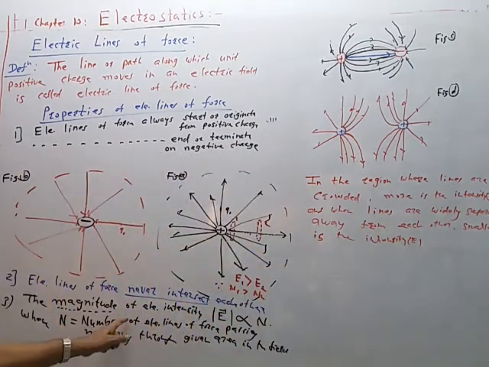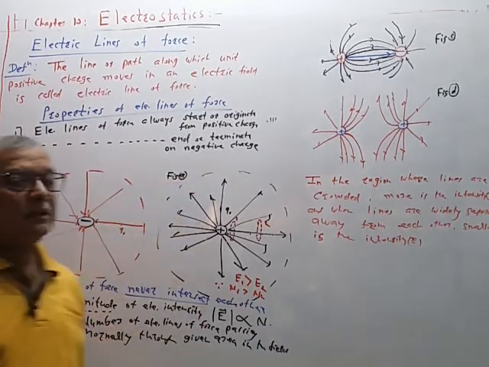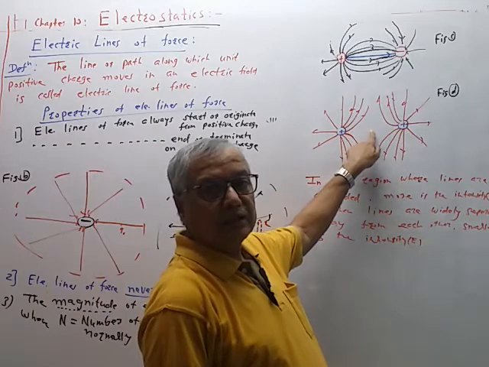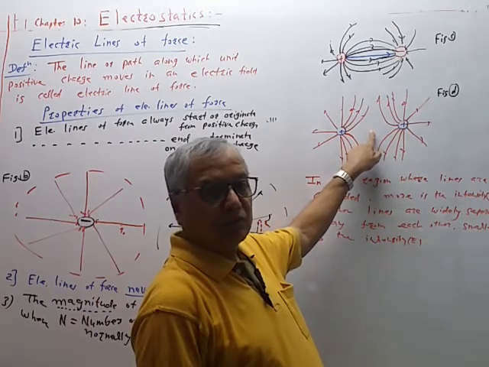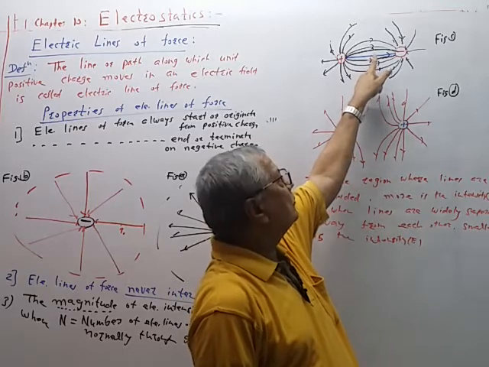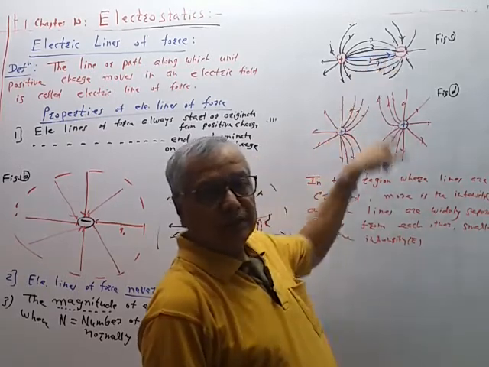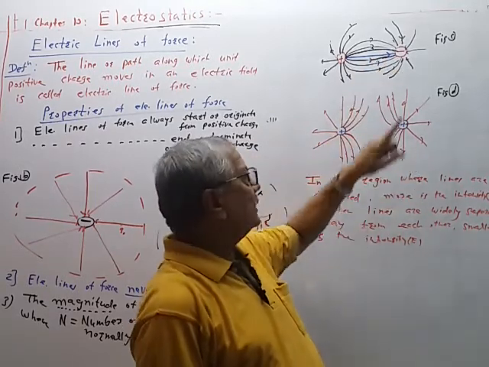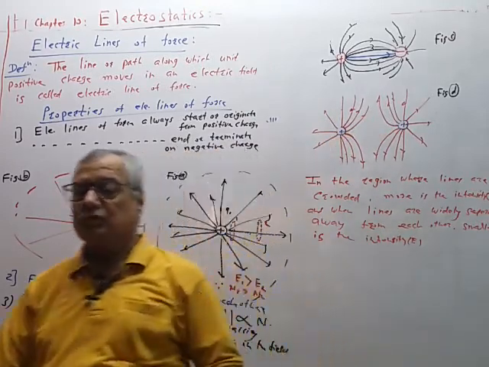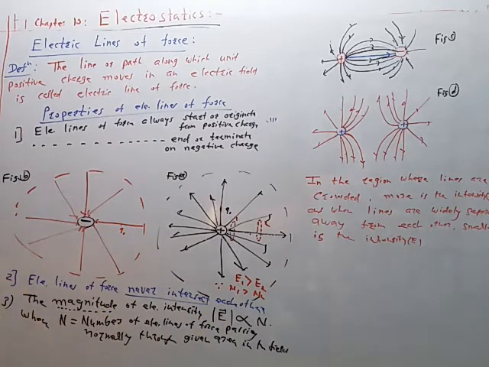So the same property can be given like this. In this region, intensity is small because the number of lines of forces is small. In this region, electric intensity is large because there are more lines of forces. Lines of forces crowded, more intensity. Lines of forces widely separated, less intensity. So simply by counting the number of lines of forces, we can get an idea about the magnitude.